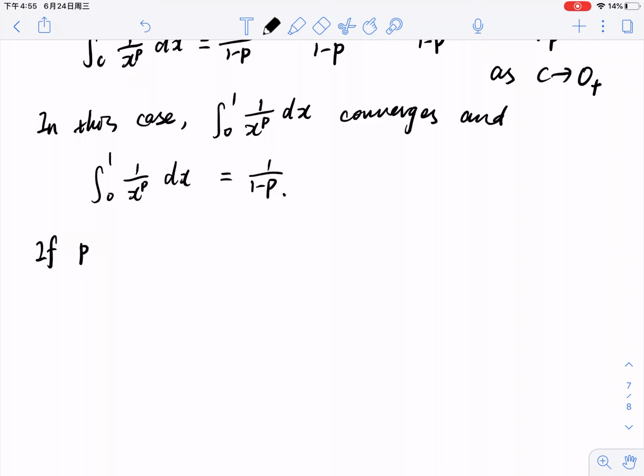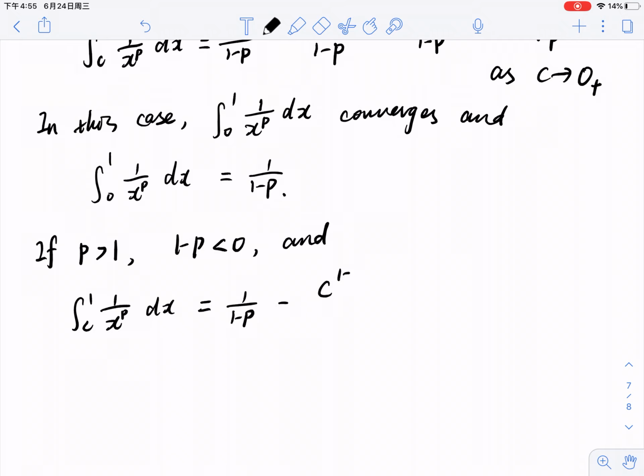If p is greater than 1, 1 minus p is less than 0, and the integral of 1 over x to the p from c to 1 dx is 1 over 1 minus p minus c to the 1 minus p over 1 minus p.